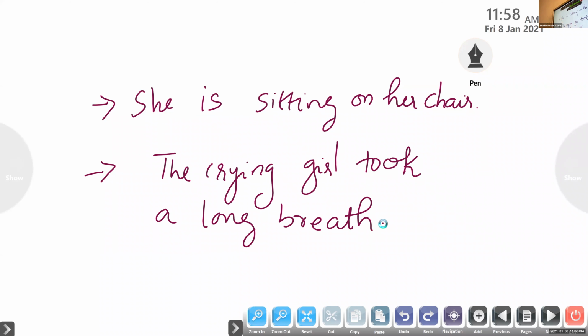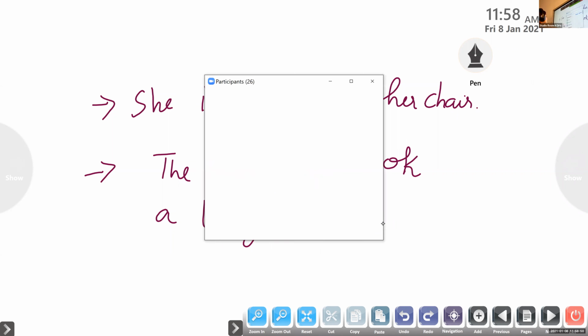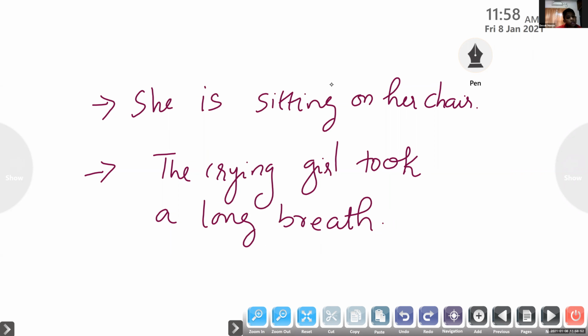Now, please don't shout. I am going to pick a person from your class. She is sitting on her chair. Devak Menon, identify whether the verb is finite or non-finite in the first example. Finite. Okay, your answer is right. It is a finite verb.